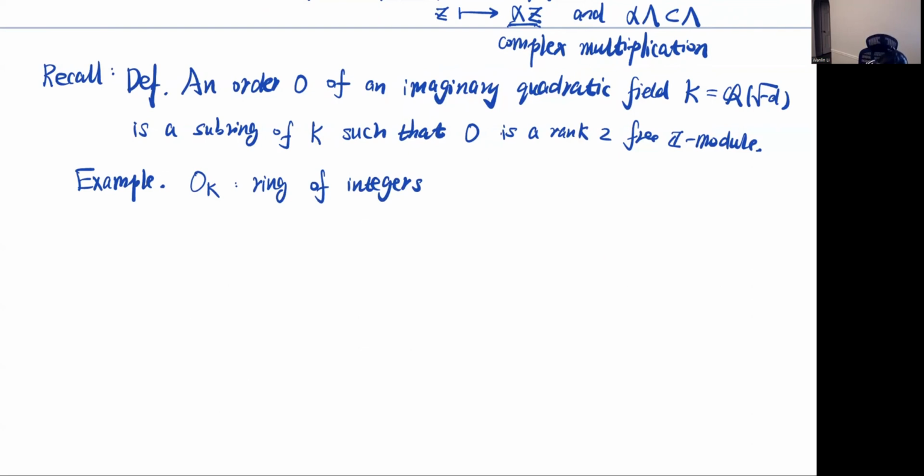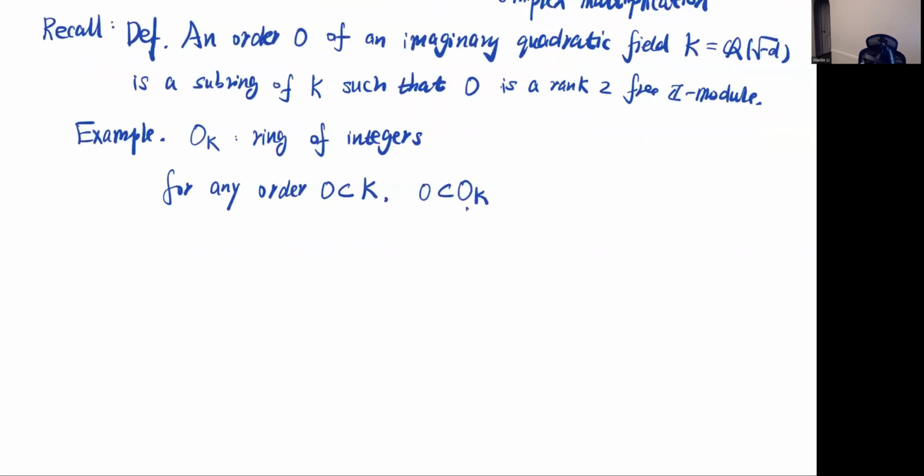And moreover, for any order O in K, it is not hard to show that O has to be a subring of O_K. So this is why O_K is also called the maximal order. The ring of integers of the imaginary quadratic field is the maximal order.